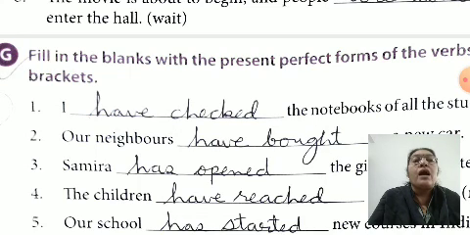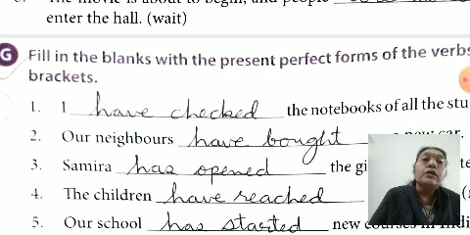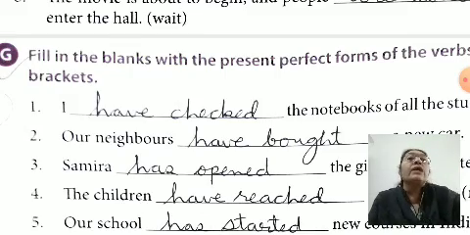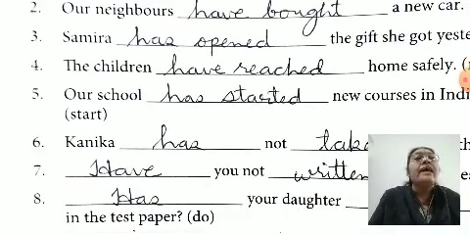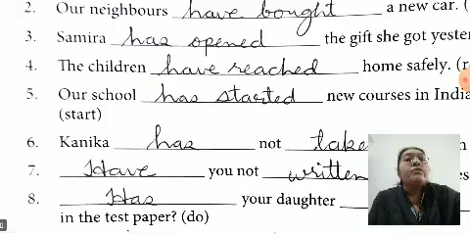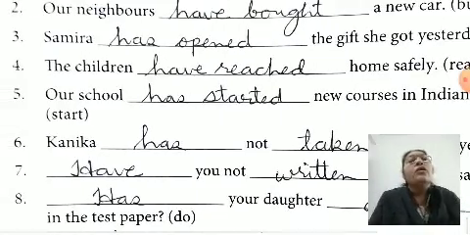I have opened, we have opened, you have opened. Only with the third person singular, he, she, it and a singular name, we use has opened. They have opened. Our school has started. Kanika has not taken. Have you not written? Has your daughter done?